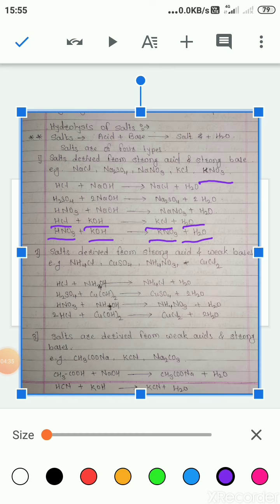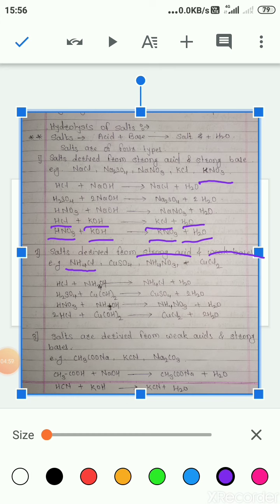Now see the next one, salts derived from strong acid and weak bases. Except KOH and NaOH, other bases are weak bases, and we use the same strong acids here. Now see here ammonium chloride.